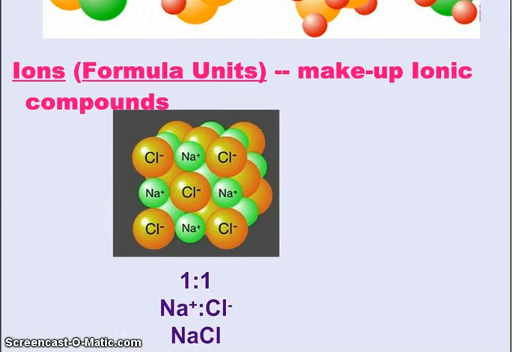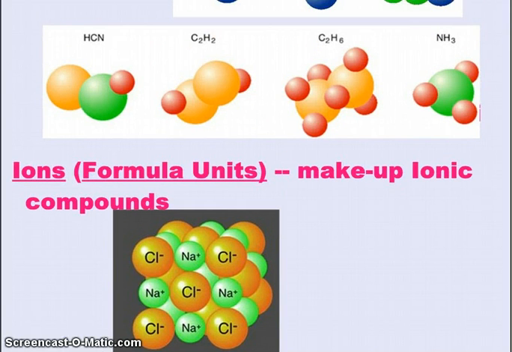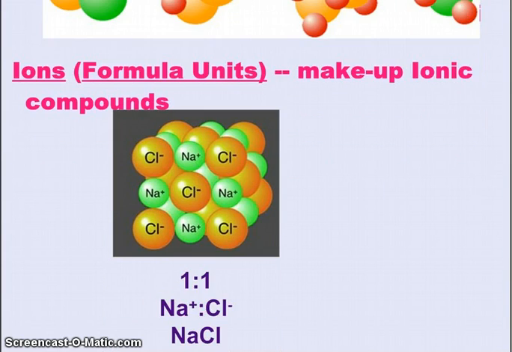And our other kind of compounds are ionic. And so when we're talking about them, we have ions, or formula units, that make up ionic compounds. Here you see a picture of sodium chloride. Unlike the molecules that are kind of lumped together, and if you remember this at all, they are sharing valence electrons through covalent bonds, our ionic compounds get together in these ratios of ions and form these really nice crystalline structures.